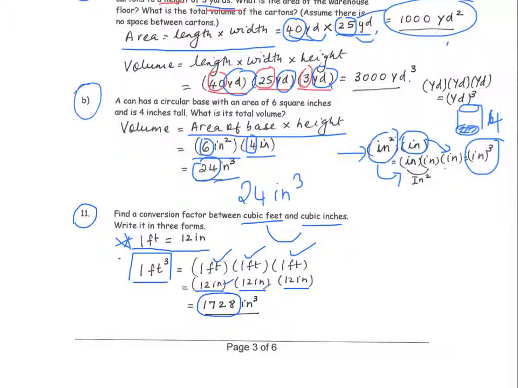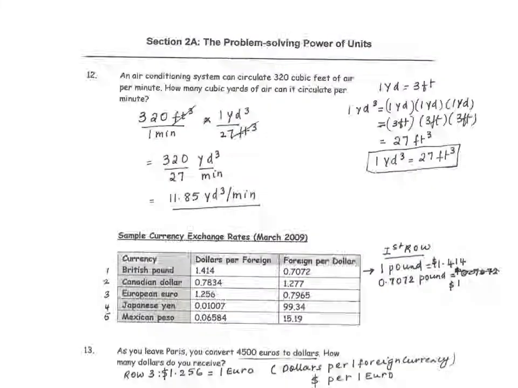Inch times inch times inch is cubic inches. So what we have is 1 cubic foot is equal to 1728 cubic inches.